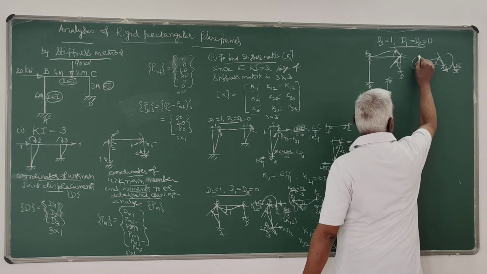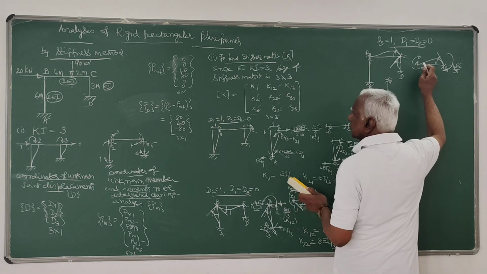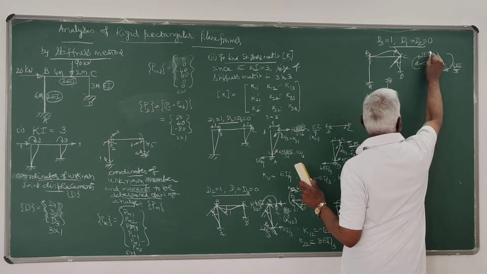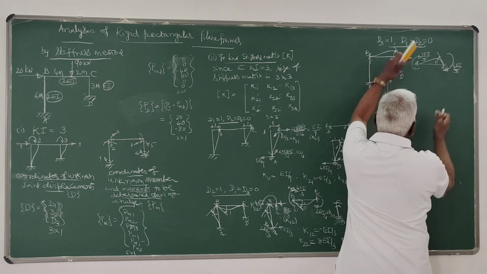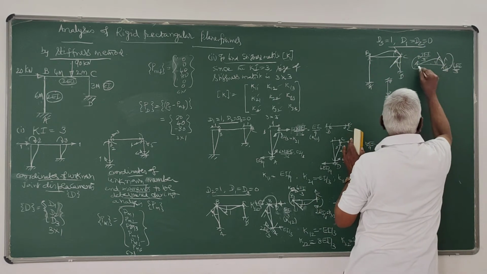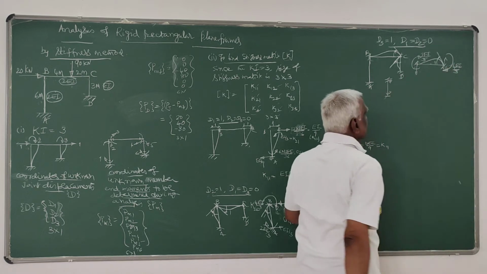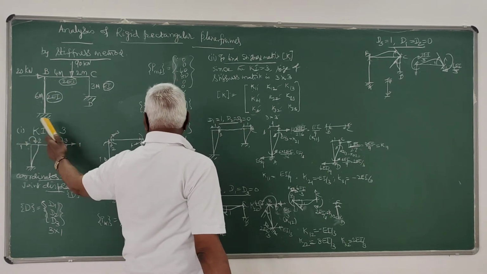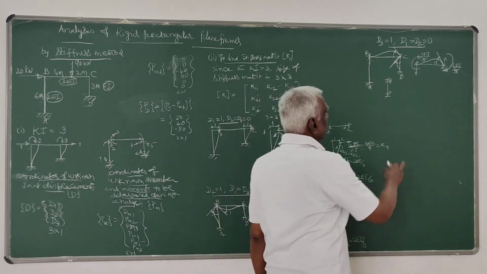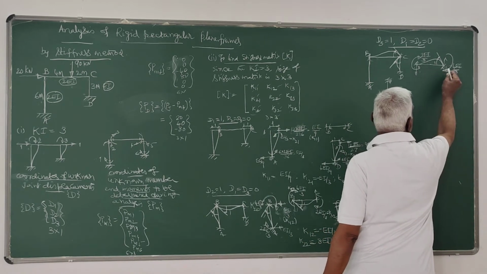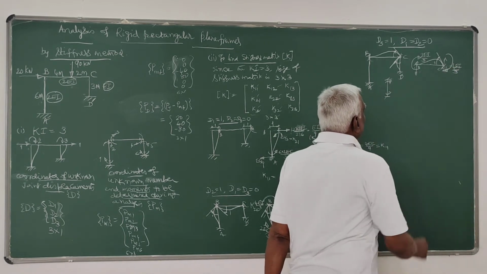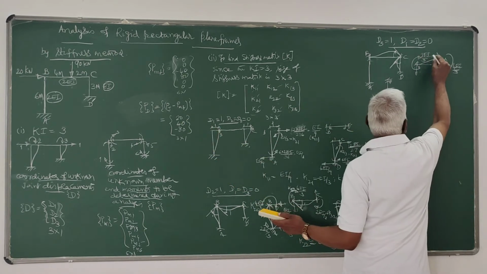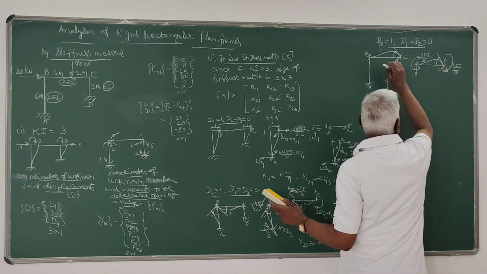Here you will get 2EI by L. That is 2 into 2EI, 4EI, L is 6, so 4EI by 6, that is 2EI by 3. And the resisting moment forces will be opposite, so that is not being considered because it does not correspond to any of these coordinates. So this is BC, which is affected, and this force is along 2 when unit displacement is given along 3.